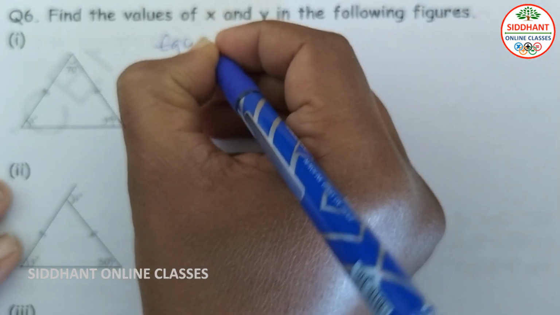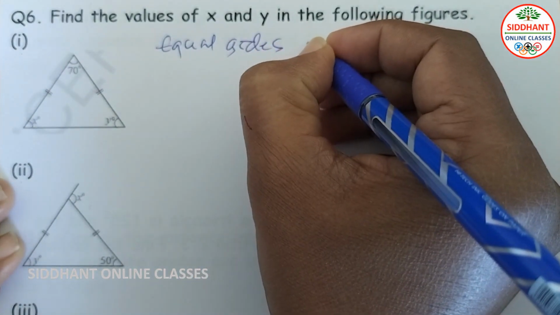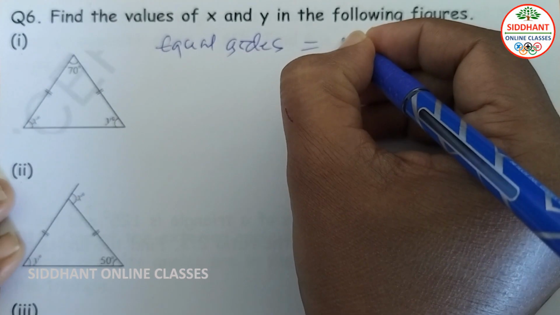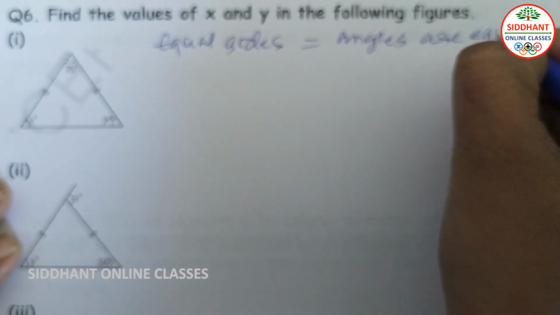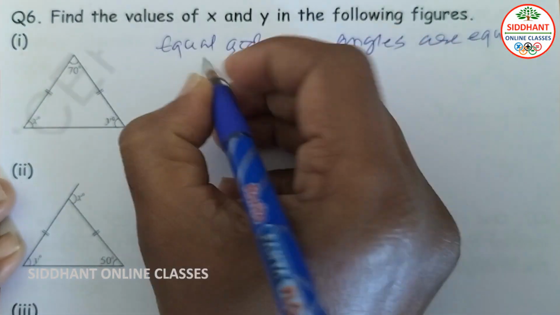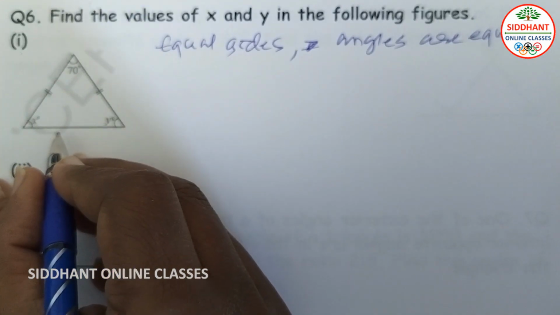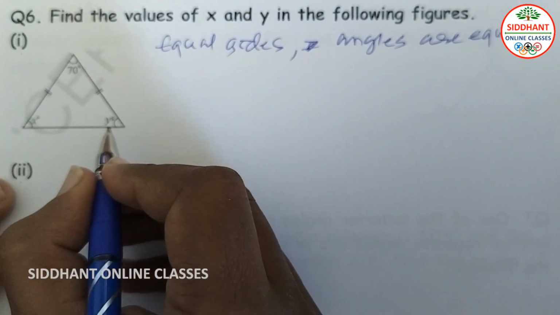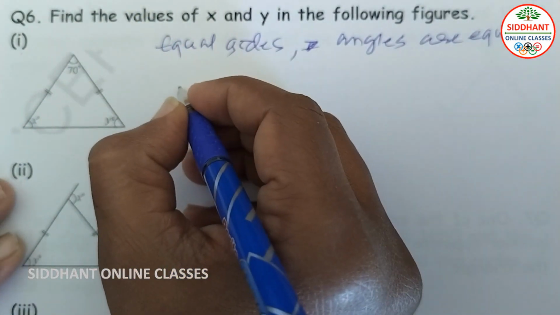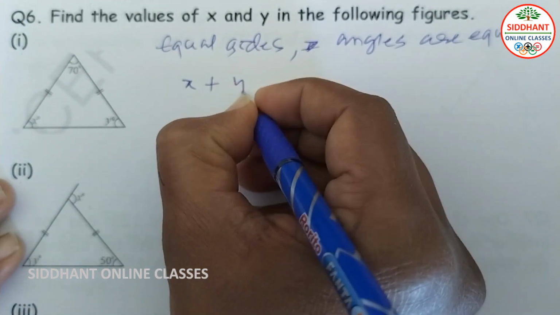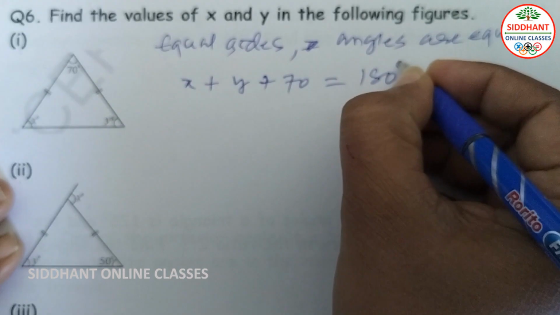So we know when sides are equal, then angles are equal. So here the sides are equal, then x and y will be equal here. The sum of the angles we know is 180 degrees. So that means x plus y plus 70 degrees will be equal to 180 degrees.